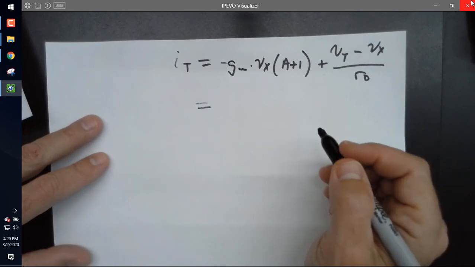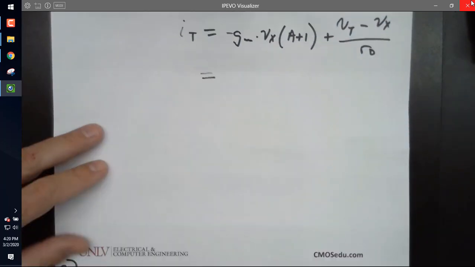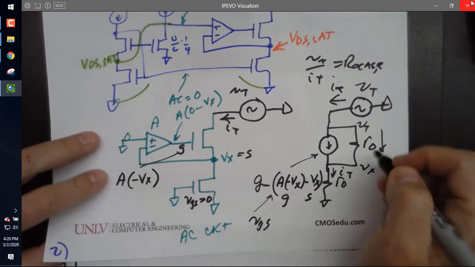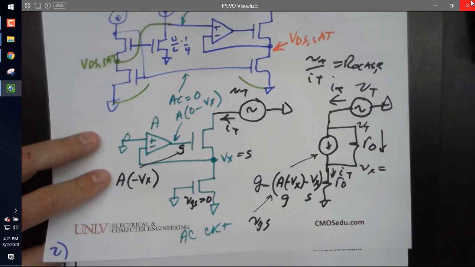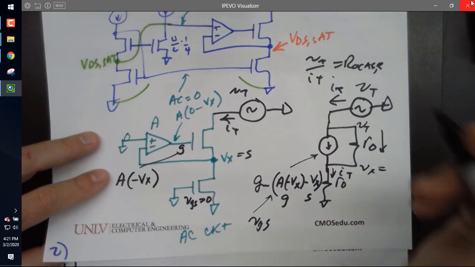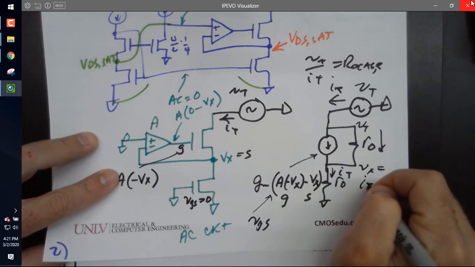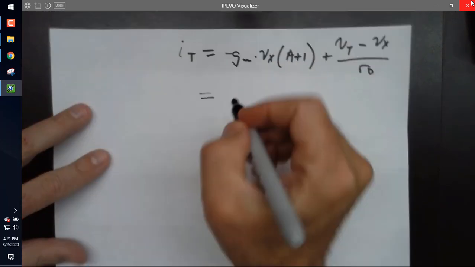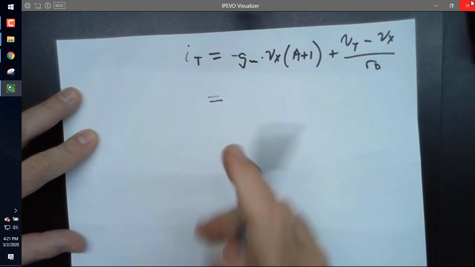Oh, what else do I need to realize here? Because I've got one equation, two unknowns. What's Vx equal to? Okay, so let's do that. Let's move this over and this over.